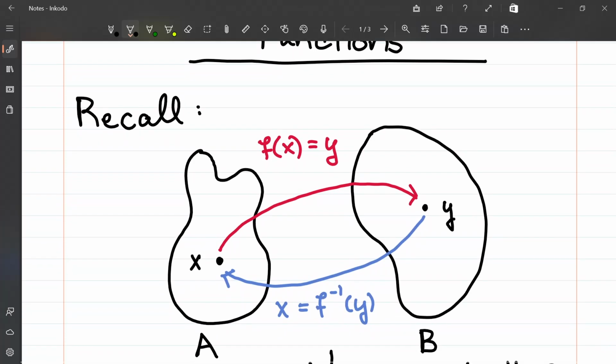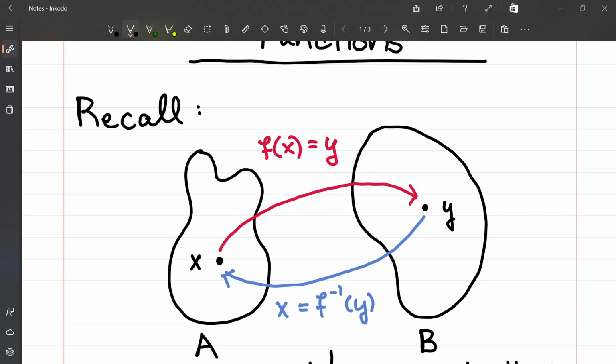Whenever I start talking about inverse functions of any kind, I like to throw this diagram up on the screen. It does not actually serve as any kind of definition, but it is a nice cartoon that kind of helps to encapsulate a lot of information, and I'm going to go through that information quickly now.